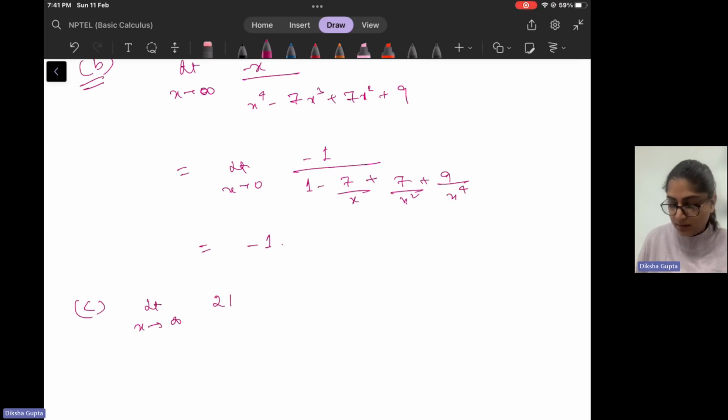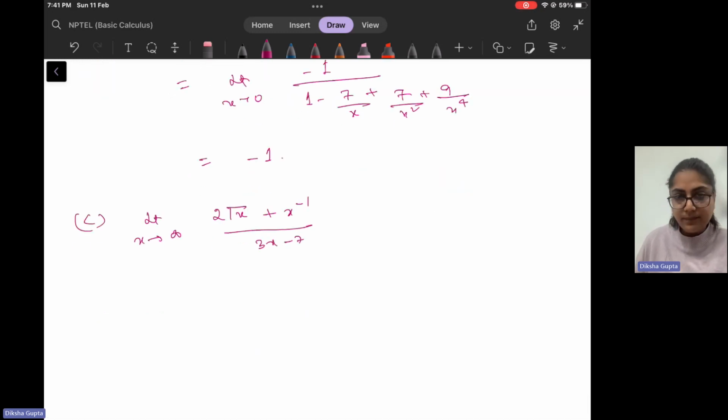Limit x tending to infinity of (2x plus x minus 1) upon... If we take out common x from the numerator and denominator, from the numerator this will be 2 upon x root x plus 1 upon x square, right?